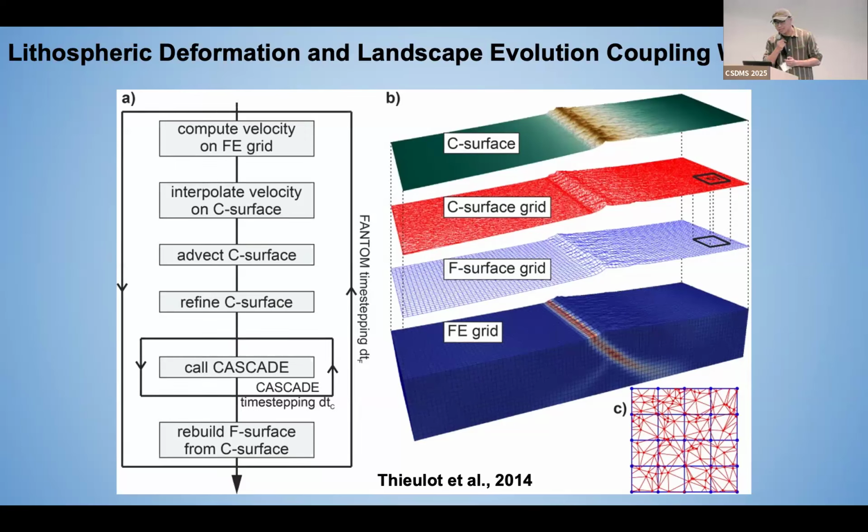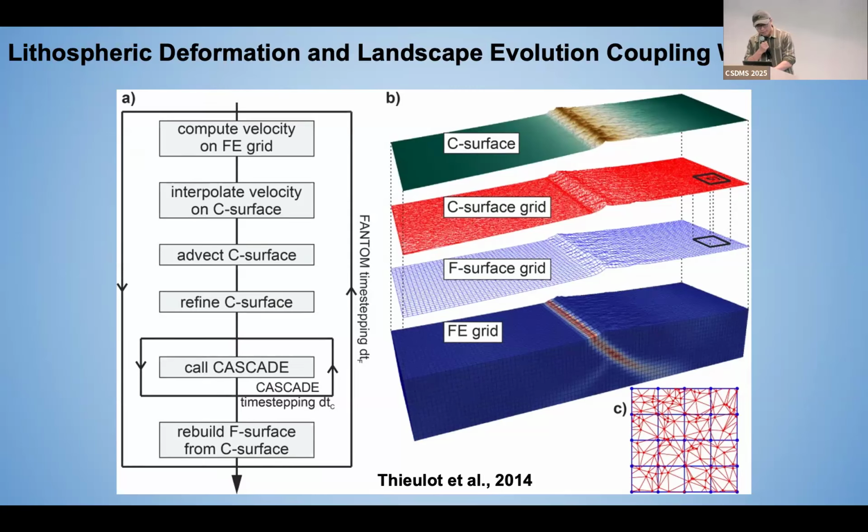On your left, you can see the workflow in one single step of Fenton, with multiple steps of Cascade running, getting information, mostly velocity, to the triangulated grid, and then interpolating this triangulated grid to the finite element grid for Fenton.